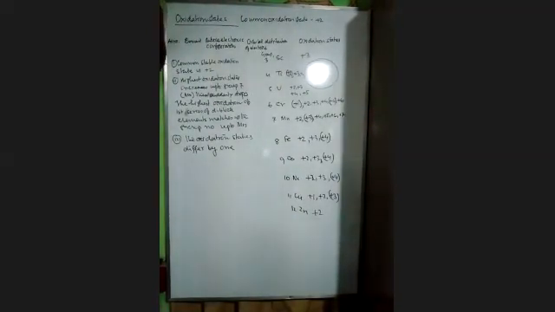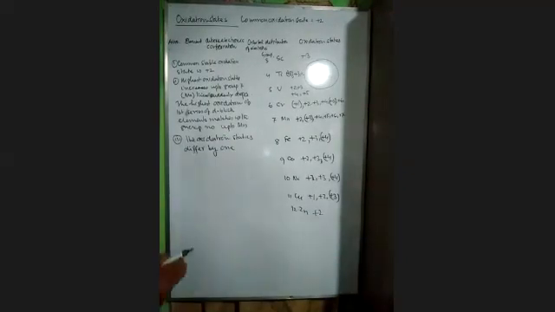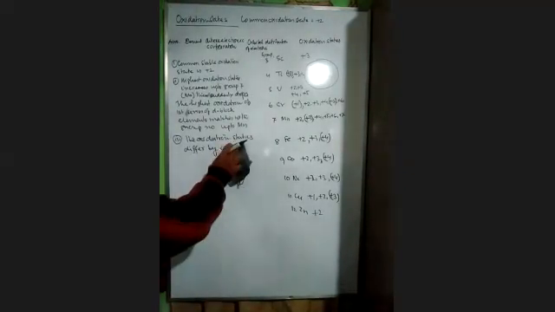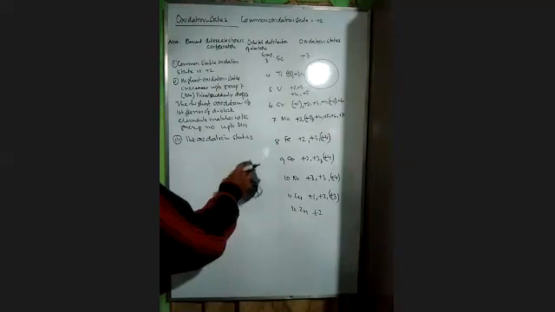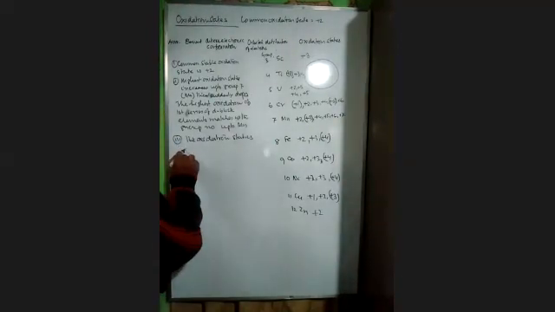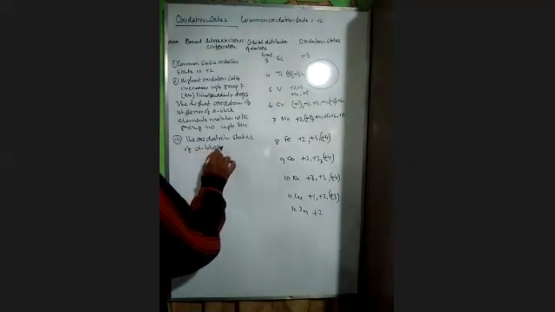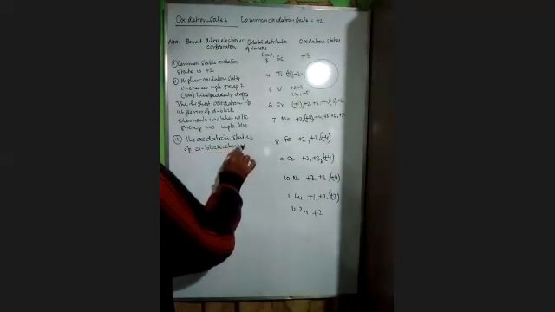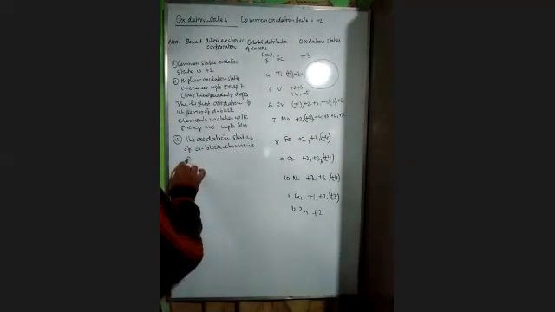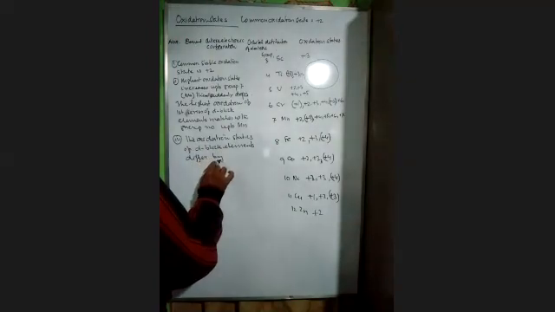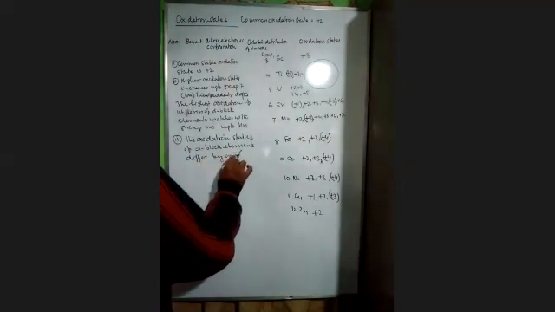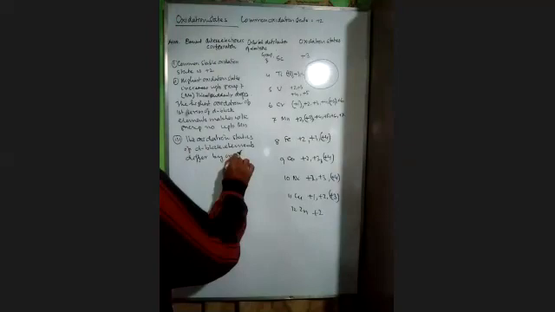But remember, we have just finished the p block, and in the p block, oxidation states differ by 2. So I'll change it here: oxidation states of d block elements differ by 1.